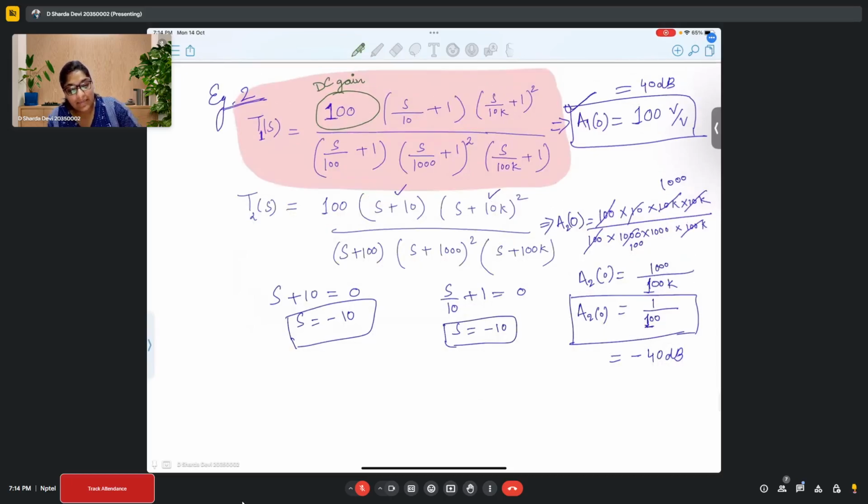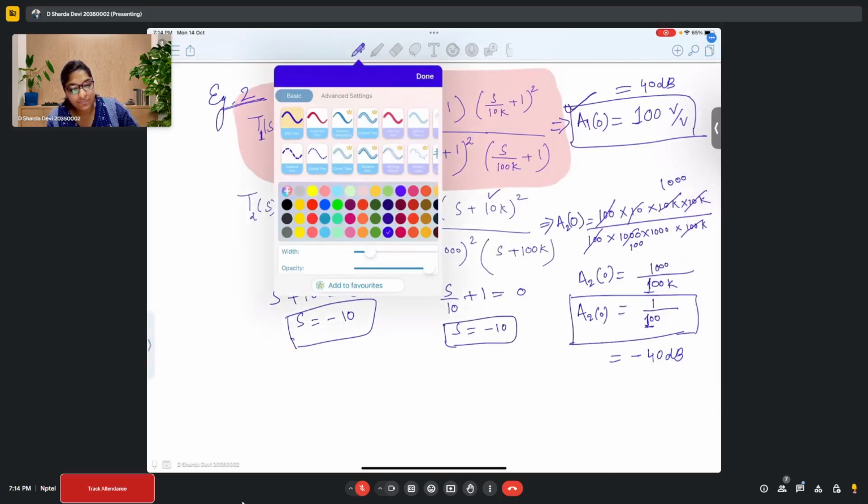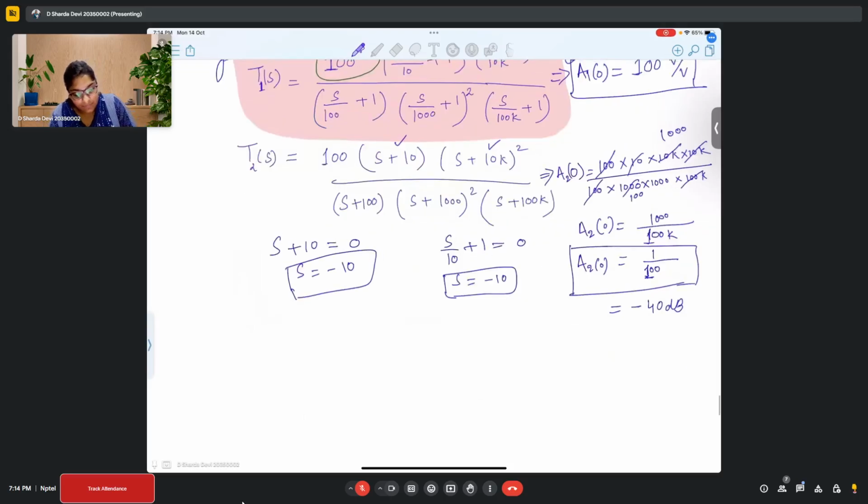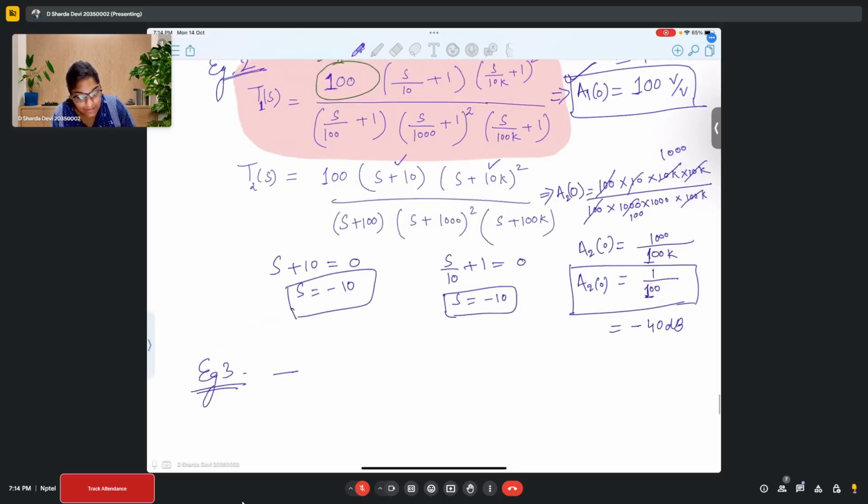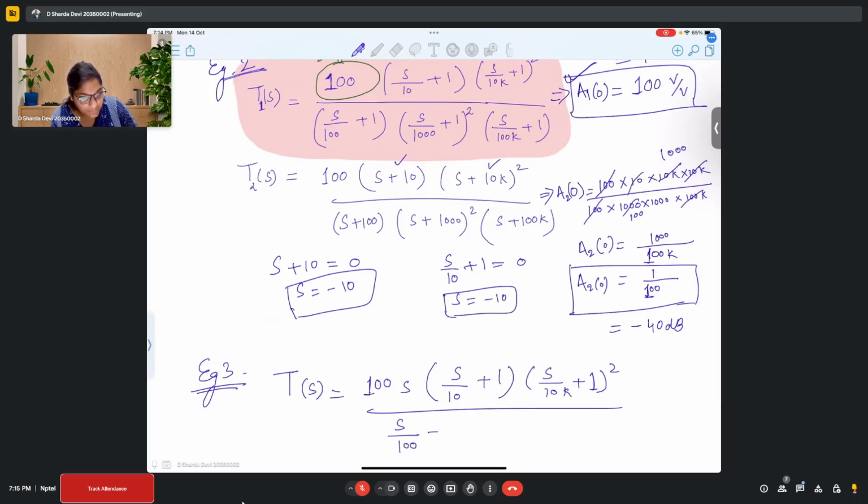So that is one learning. Secondly, let's say example 3. My transfer function is 100s over (s/10 plus 1) times (s/10k plus 1) whole square. So I'm repeating the same previous transfer function.